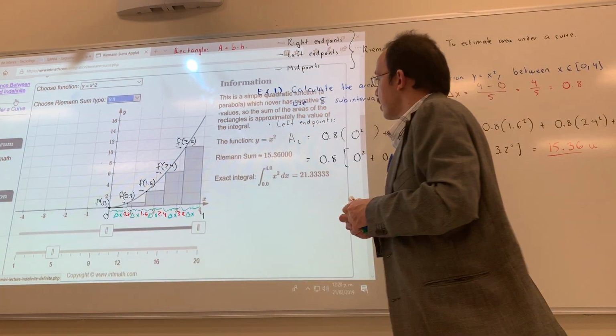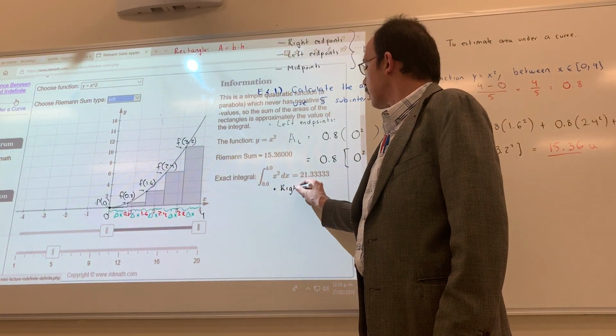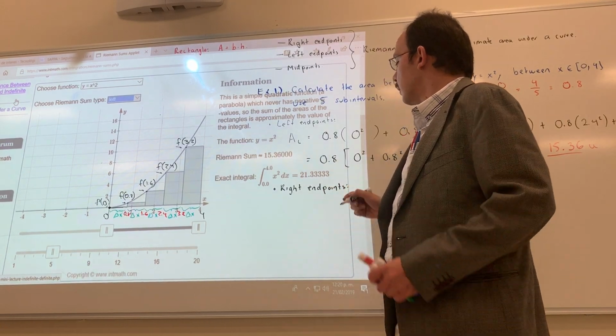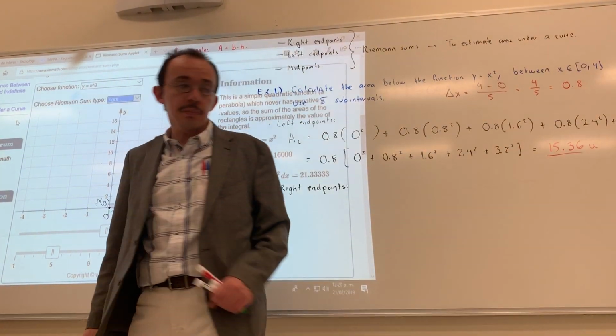What happens if the question is, now use the right endpoints? See the figure. What happens here? The height, is it going to be the same?